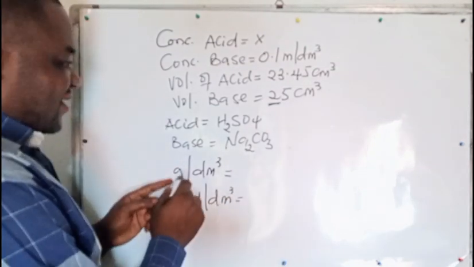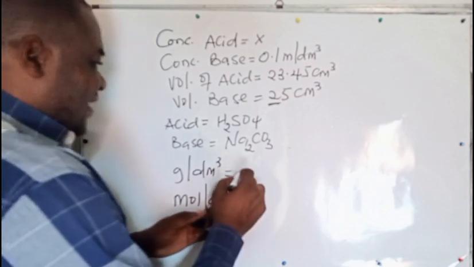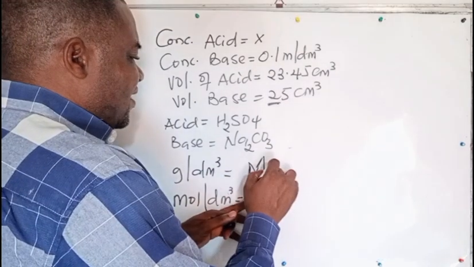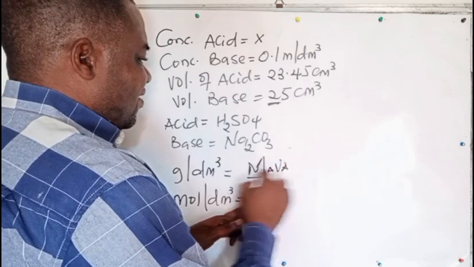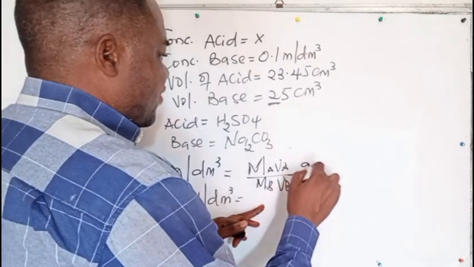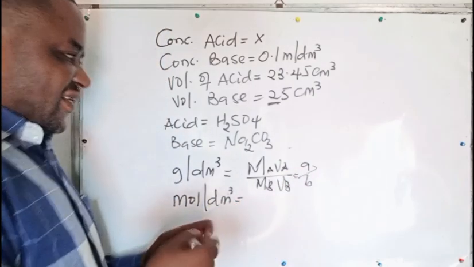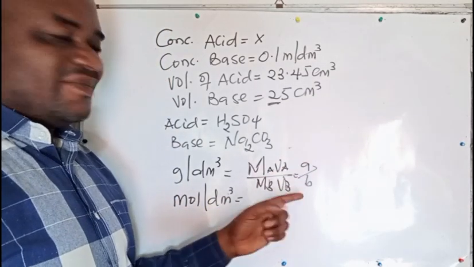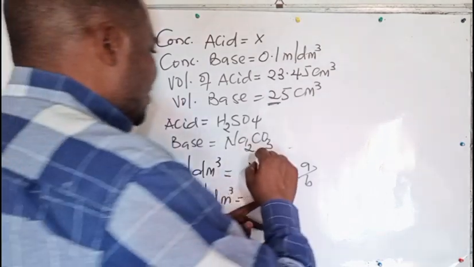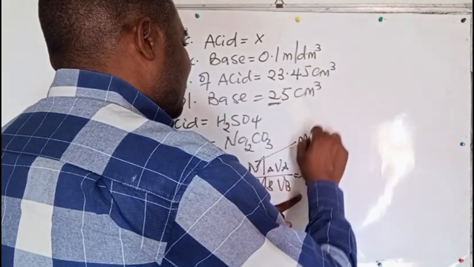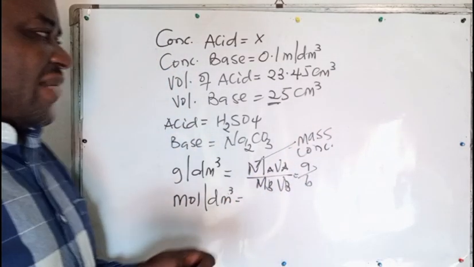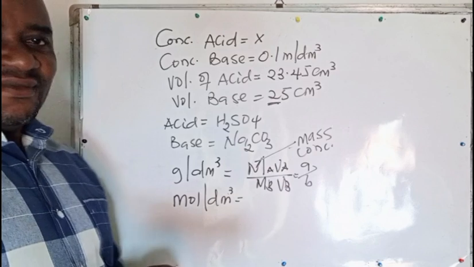If you are calculating in grams per dm cube, then you are going to use MAVA over MBVB equals the mole ratio of acid and base. This is because in grams per dm cube, you are using mass concentration.